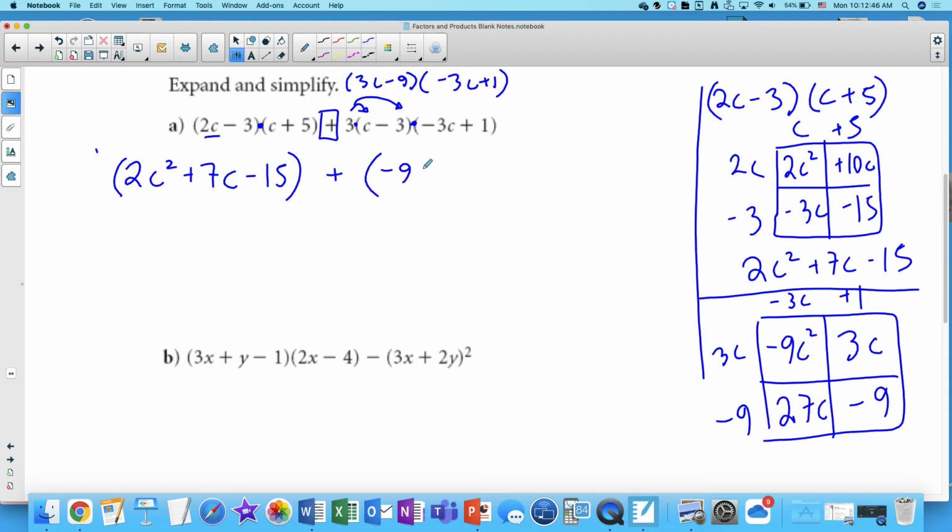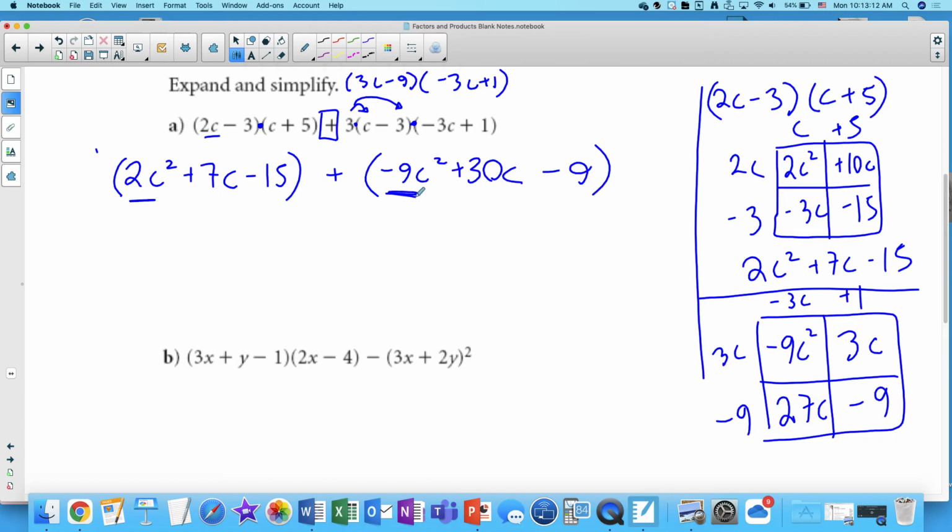Now I have these in brackets just to show that I have two distinct polynomials that I'm adding together. But because this is addition, these brackets are sort of irrelevant. So I can just look at my like terms, here's my c squared term, here's my c term, and here's my number, my constant, and combine those.